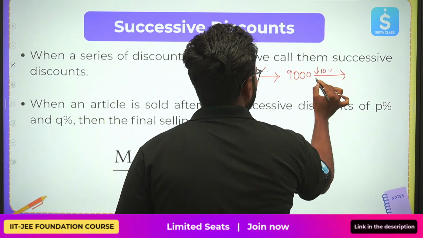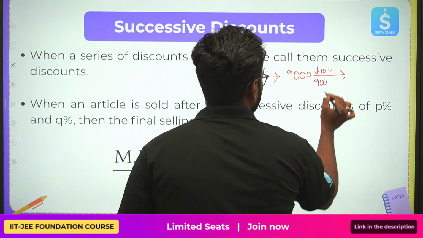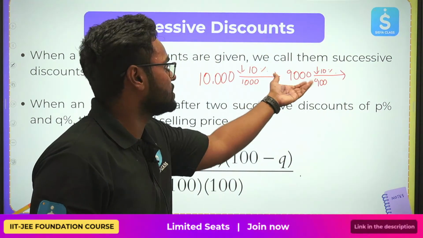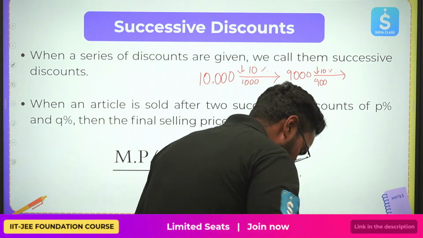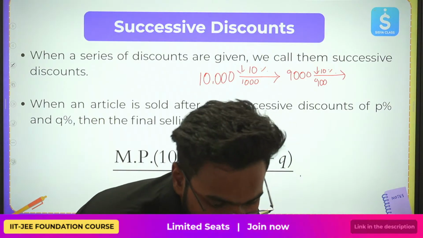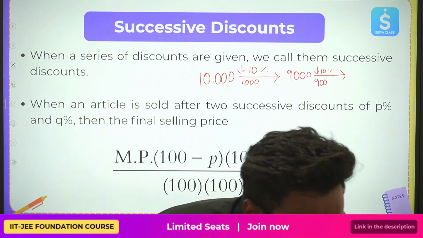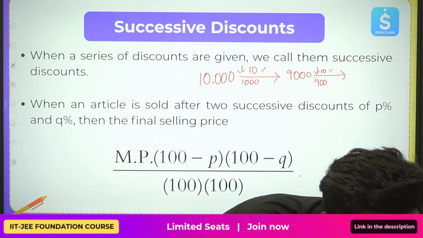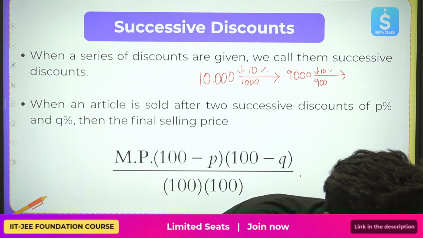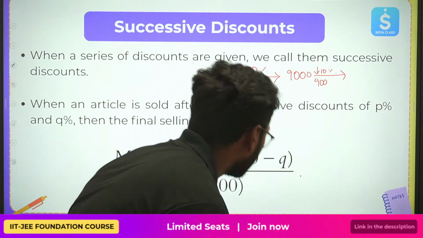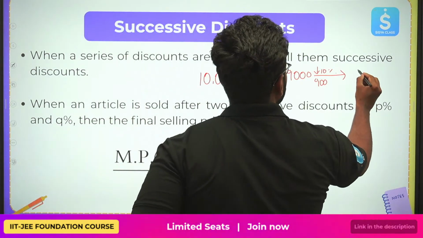So this time it would be 900 rupees. So the final price would be 9,000 minus 900, which would be 8,100.